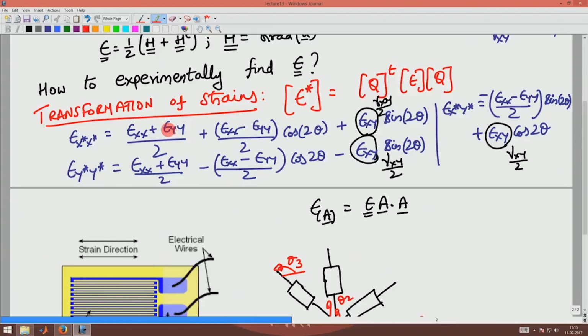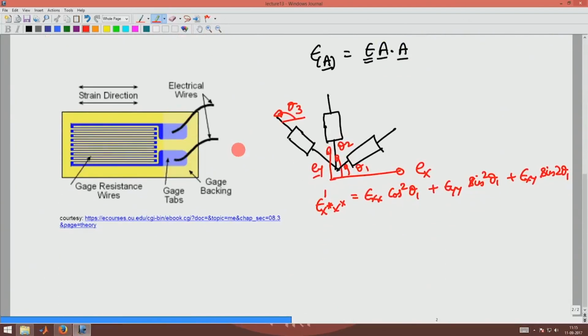Okay. I combine 1 minus cos 2 theta by 2 as sin square theta 1. That is what I have done here, because that will yield me an equation which is convenient to handle. So, this is epsilon xx star 1, which is nothing but the strain measured along this direction.